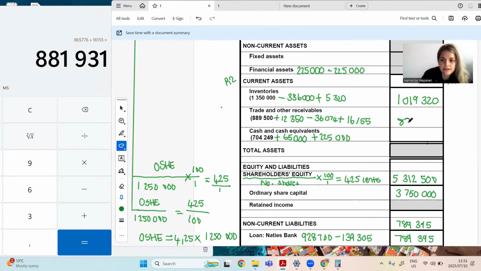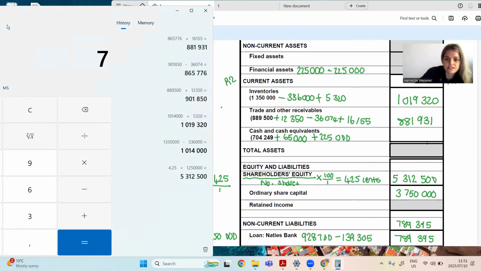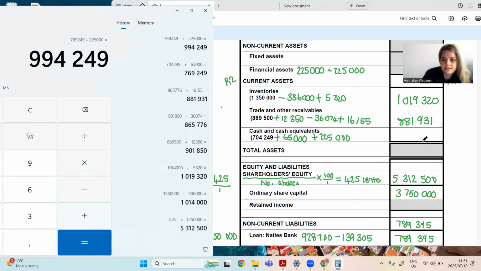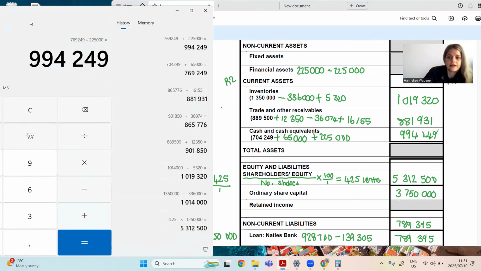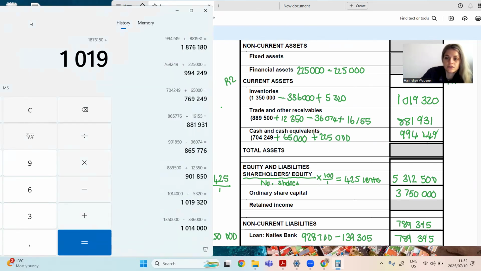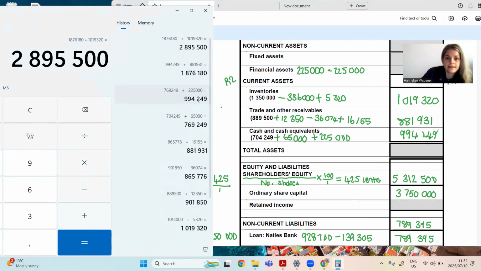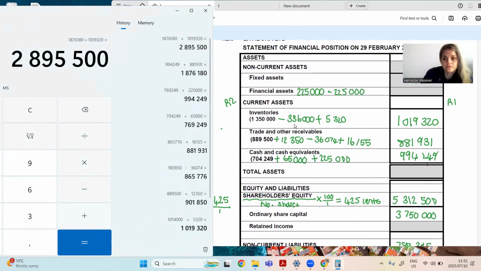So 88,193.1. And then the last one, our cash and cash equivalents, plus 65 plus 225. And that is 994,249. Then we just add all of that.